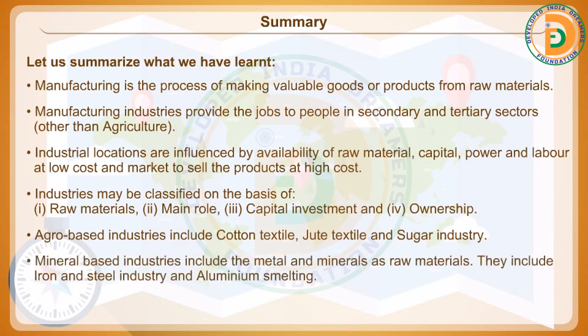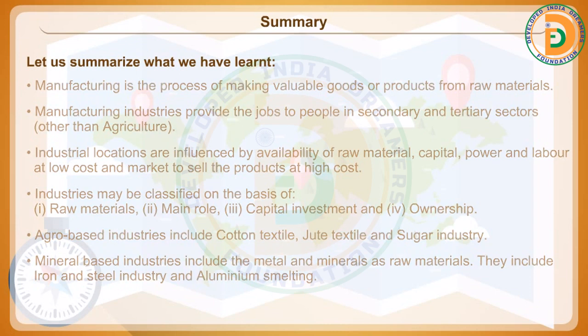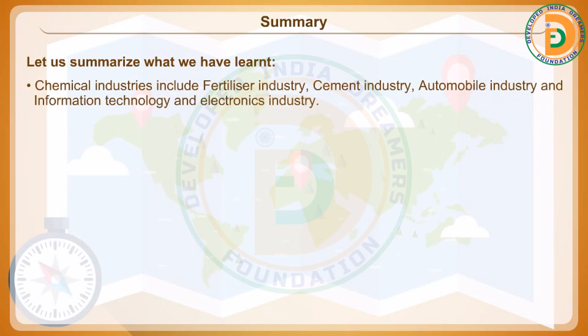Mineral-based industries include metals and minerals as raw materials. They include the iron and steel industry and aluminium smelting. Chemical industries include the fertilizer industry, cement industry, automobile industry, and information technology and electronics industry.